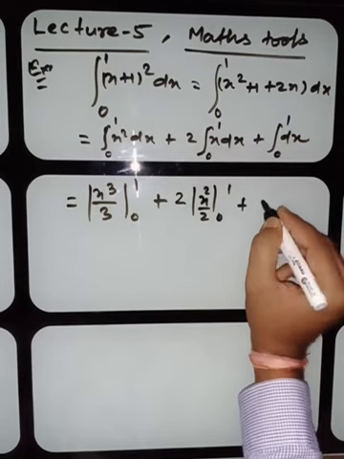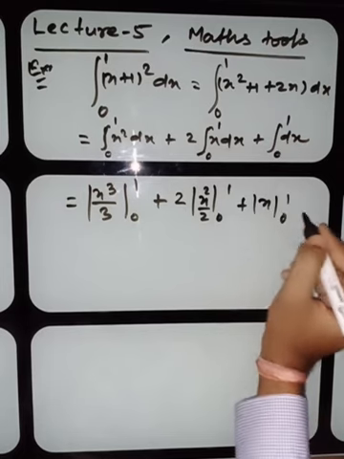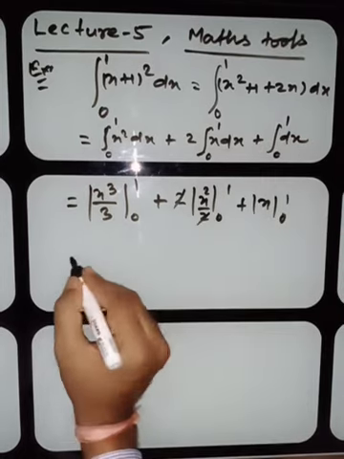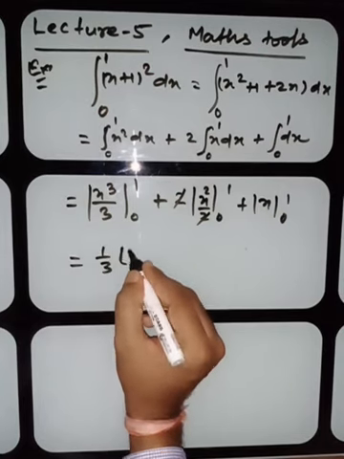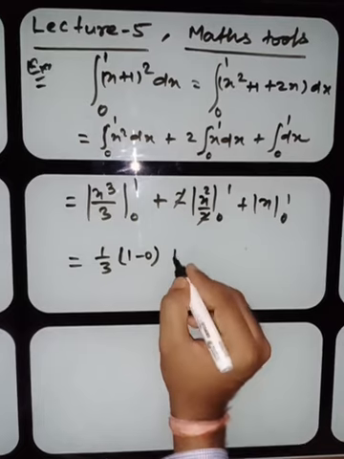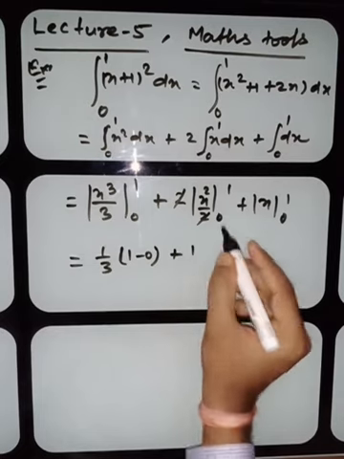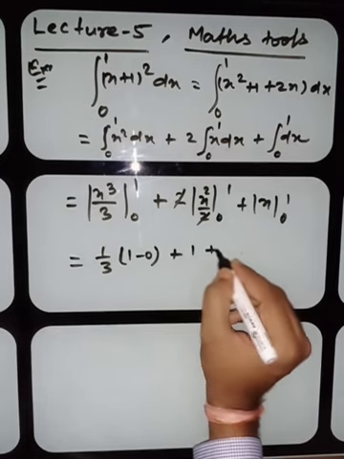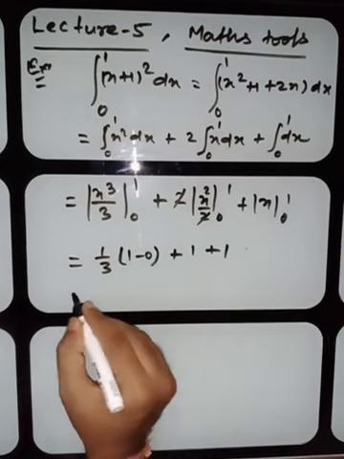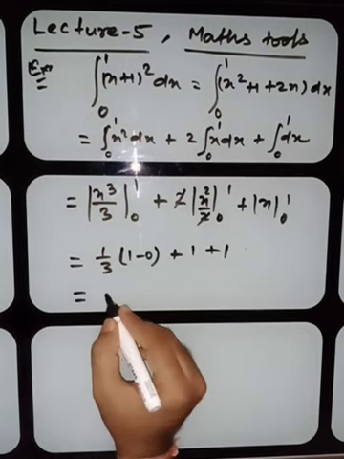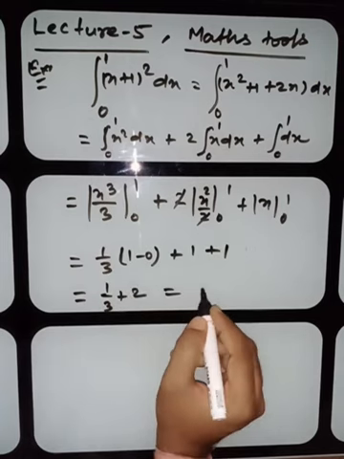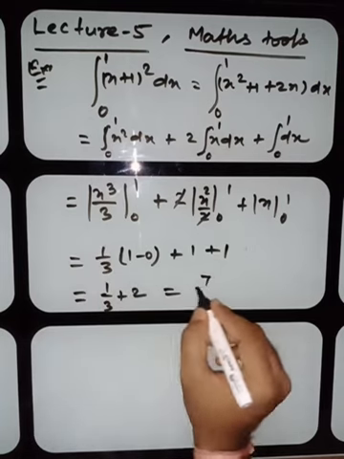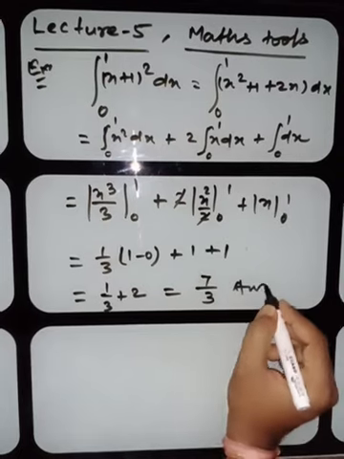And now it is x, 0 to 1. This cancels out. 1 by 3. 1 cube, it is 1 minus 0, plus 1. 1 square, it is 1, plus it is also 1. So 1 by 3 plus 2, am I right? 7 by 3. This is the answer.